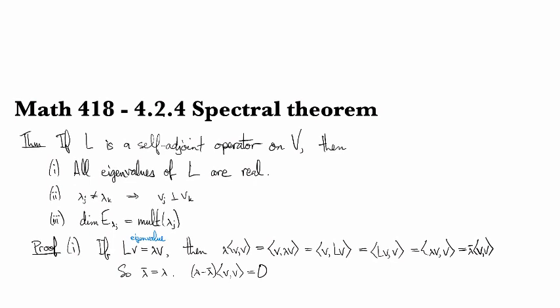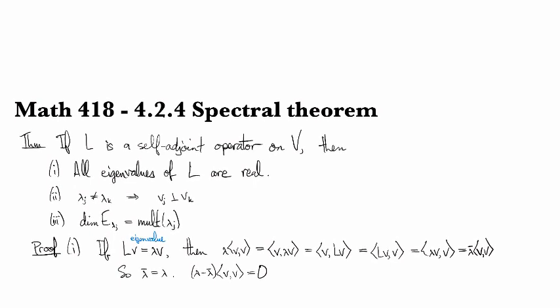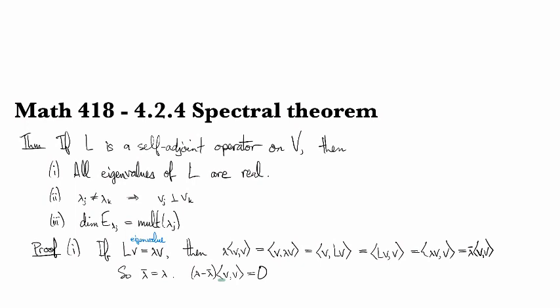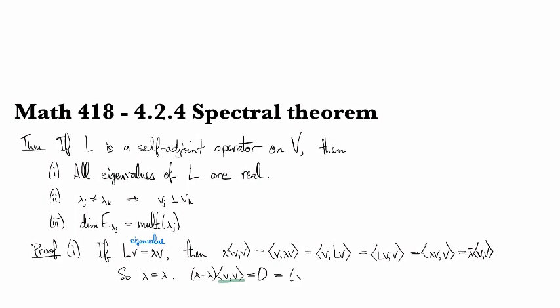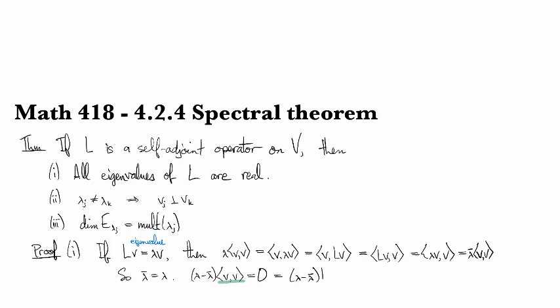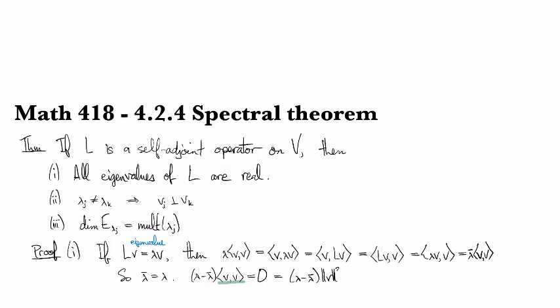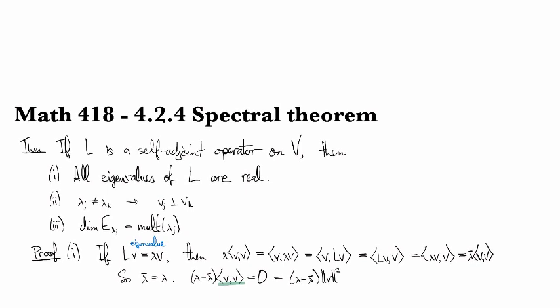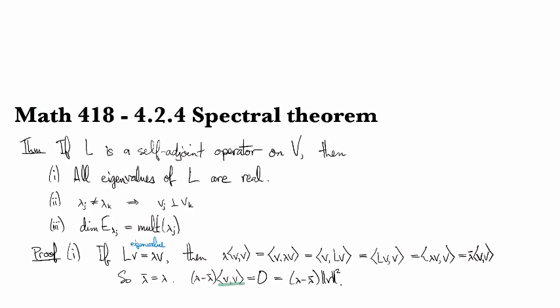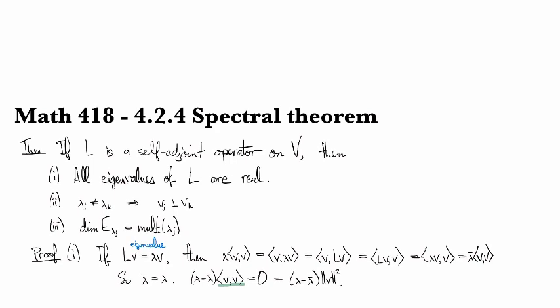But we agreed that V is non-trivial, so this part, which is equal to the norm squared of V, is non-zero, because V is not the 0 vector. So that means that lambda has to be equal to its own conjugate, which means it is real.